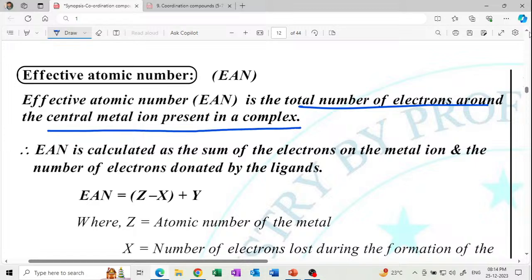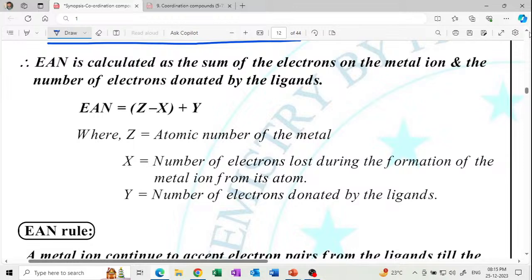It is calculated by using the formula Z minus X plus Y. Here Z is the atomic number of the metal, X is the number of electrons lost during the formation of the metal ion from the atom, and Y is the number of electrons donated by the ligands. So this is an important formula. Please note it down.